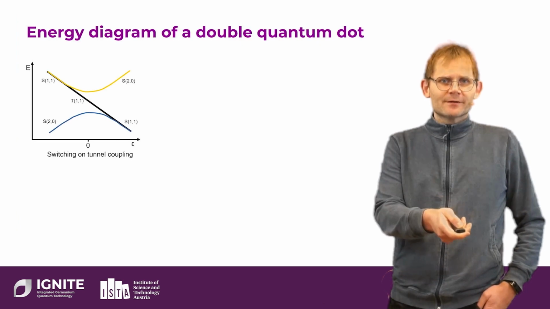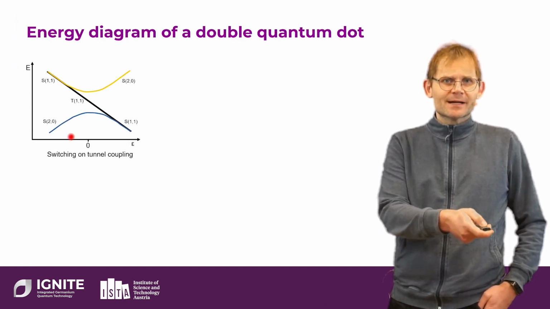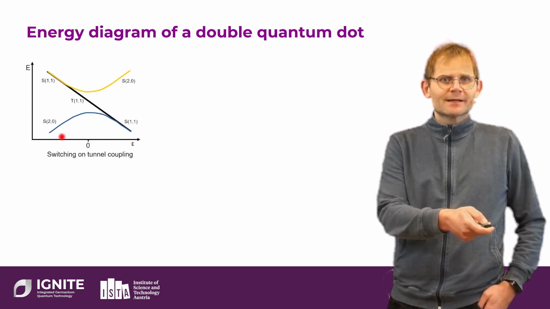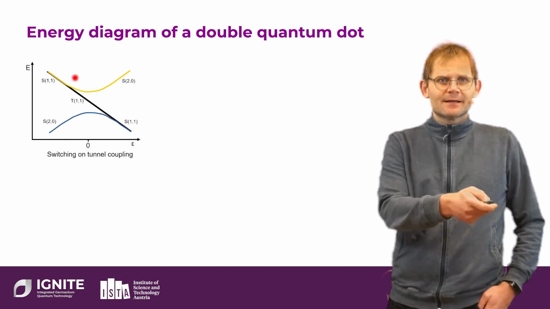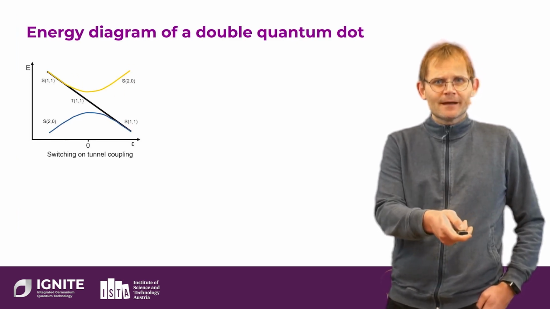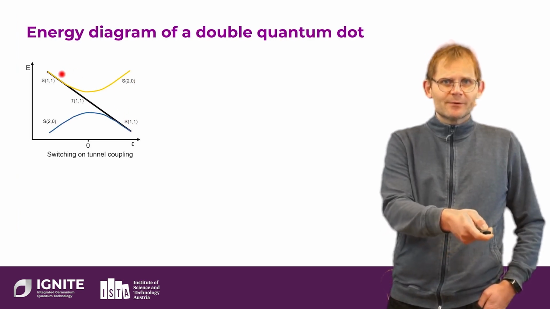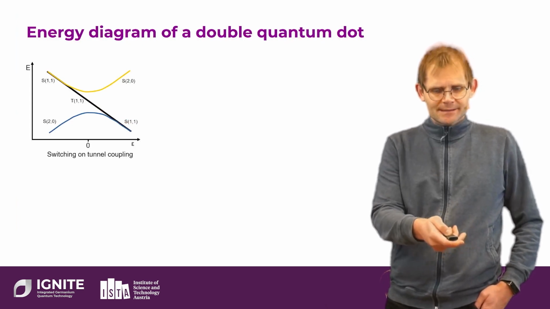If we turn on tunnel coupling between the two dots, what happens? Practically, we have hybridization taking place. So we get a ground state hybridized singlet and an excited state singlet. And the triplet, due to Pauli spin blockade, does not hybridize, so we still have the T(1,1) state.